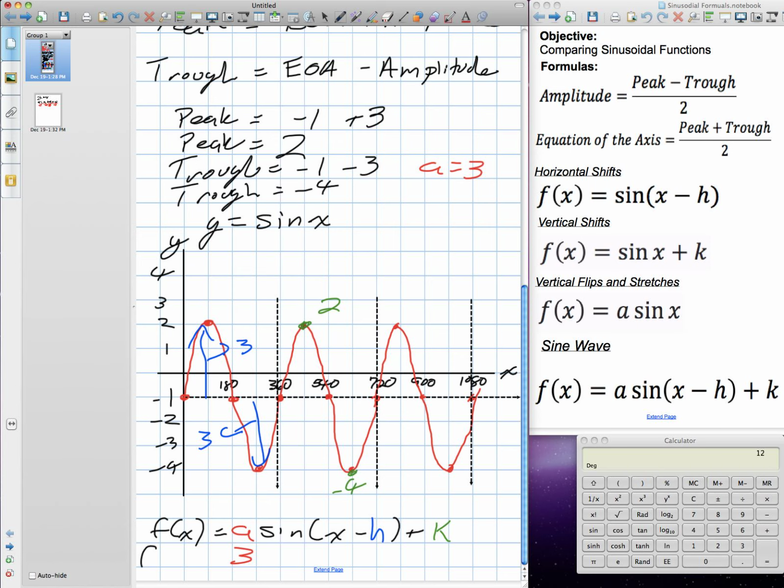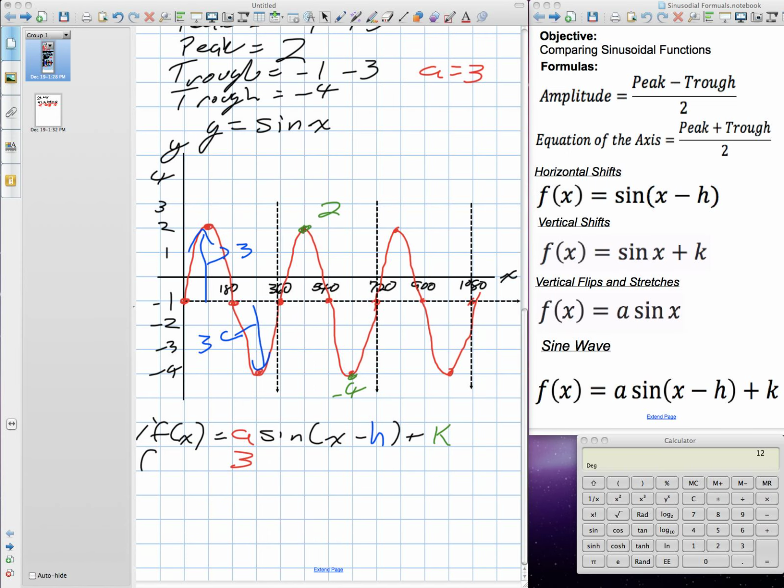Now, has this one been shifted up or down at all, the equation of the axis? What's the equation of the axis of the original function? 0. What's the equation of the axis of this one? -1. So because it's -1, that means we've shifted down 1.